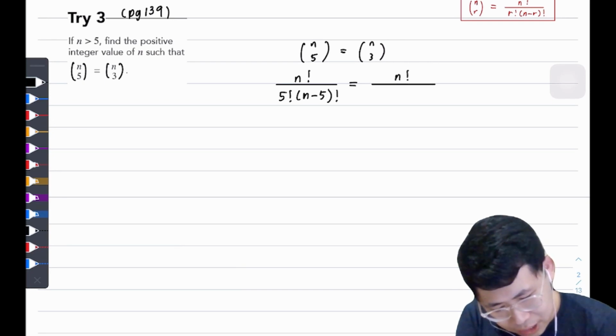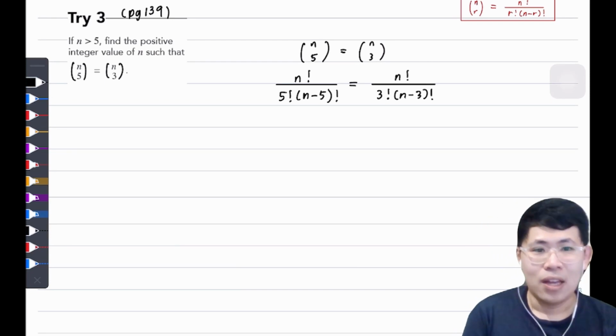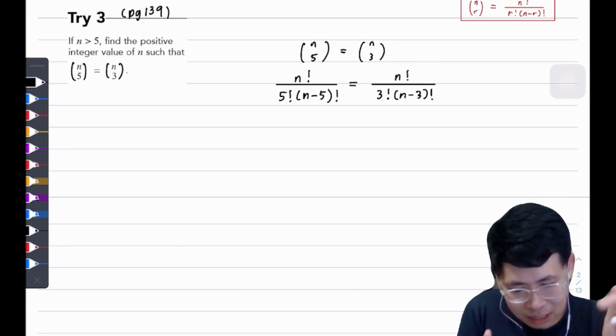Now the r is 3, so it's divided by 3 factorial and the difference factorial, like this.